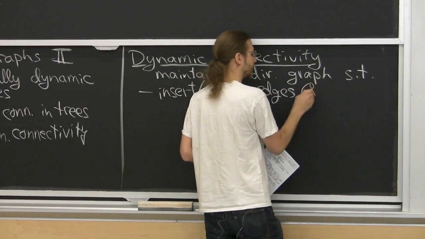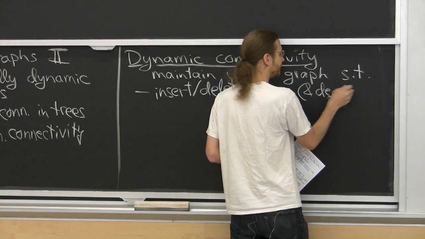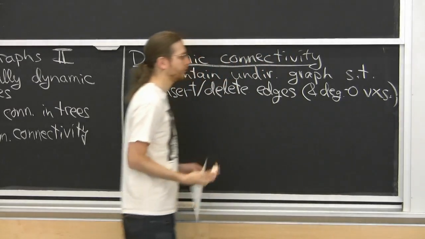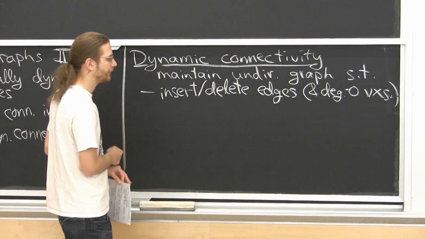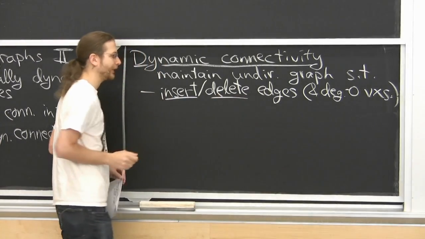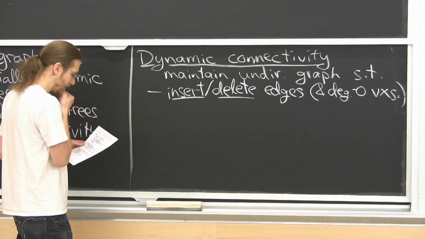And you can also insert and delete degree 0 vertices, though we're not really going to worry about vertices. It's easy to add vertices that have no edges to them, also easy to delete them. It'd be more about the adding and removing edges incident to those vertices.